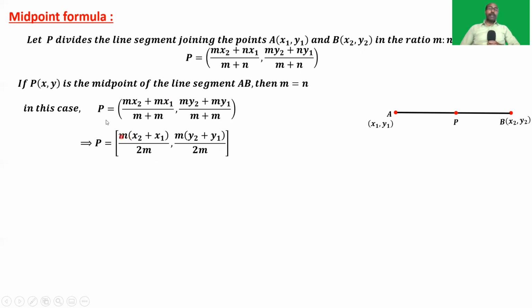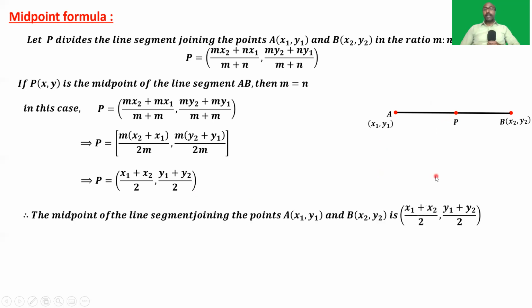By cancelling m in both numerator and denominator, we get P is equal to x1 plus x2 by 2, comma y1 plus y2 by 2. That is the midpoint of the line segment joining A (x1, y1) and B (x2, y2) is x1 plus x2 by 2, comma y1 plus y2 by 2. This is also very important.